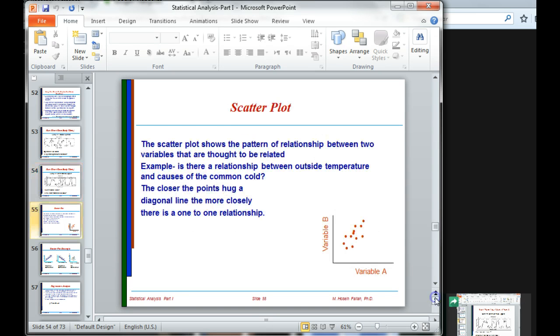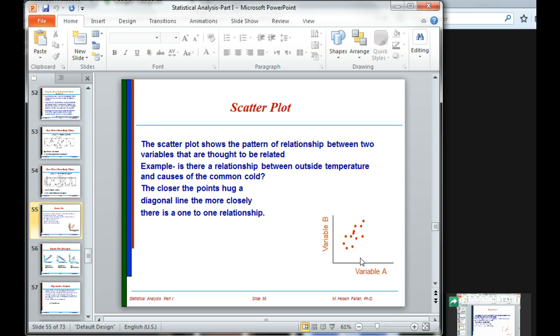Okay. So the scatter plot, which we already covered last week, is to find the relationship between two different variables, variable B and variable A, and we want to know whether or not there is a relationship. This is not a causal relationship, but a correlation.